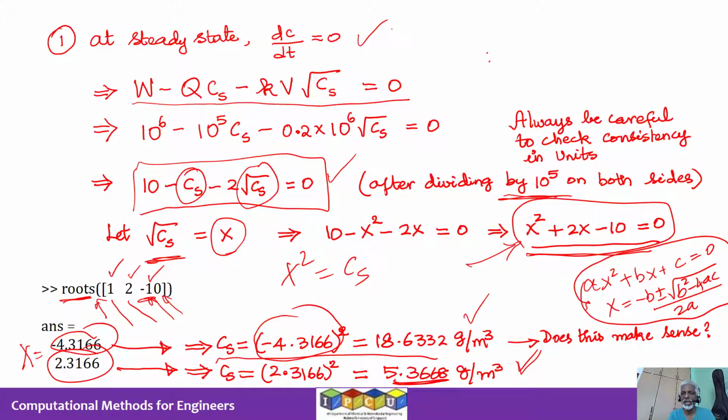Even if you have a x to the power of 10 plus b x to the power of 3 plus 7x, right? Or let's say c x equal to 0 can be solved using the roots command. If you give the values of a, b, and c, and then you type in a, 0, 0, 0, right? Because this is x to the power of 10, x to the power of 9, x to the power of 8, x to the power of 7.